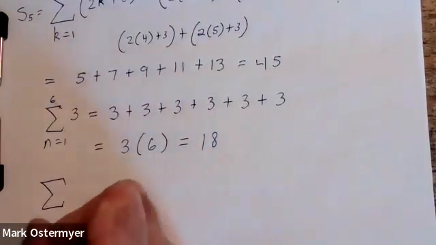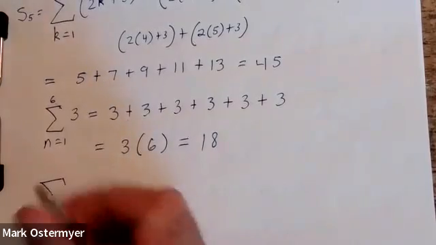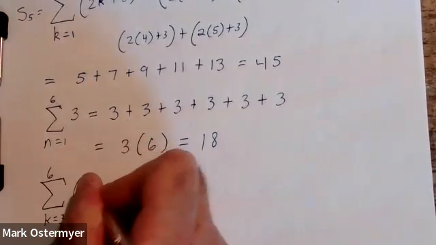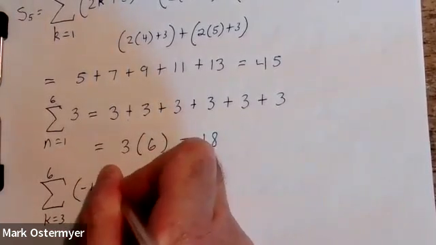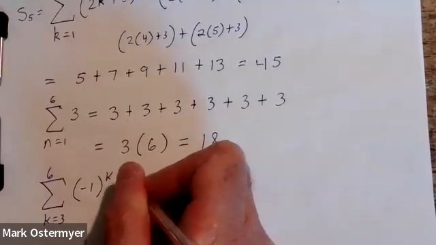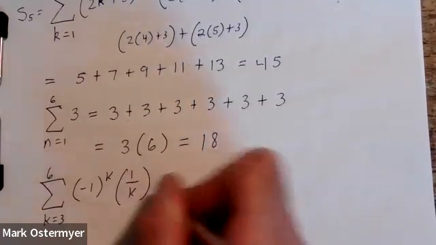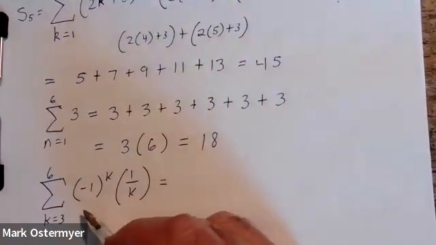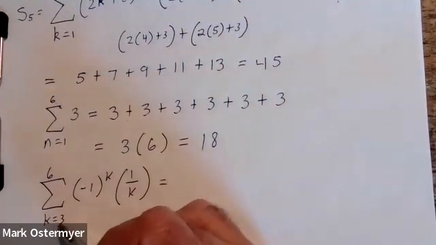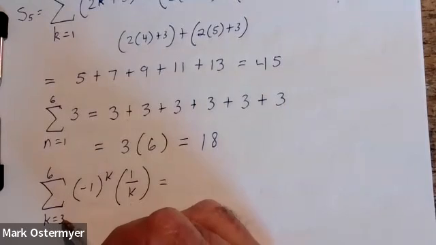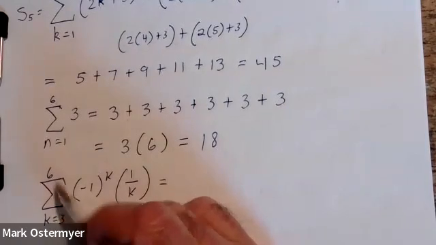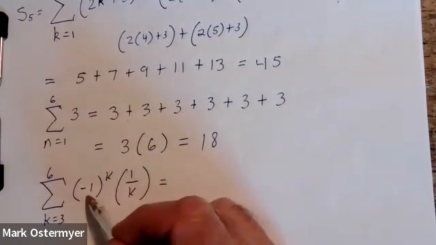All right, let's try another one here. Let's add together the first 6 terms of a sequence whose nth term rule is defined to be this here. First, we let k be, actually, we're not adding the first 6 terms together. We're adding terms 3, 4, 5, and 6. Okay, so we start off by letting k be 3.